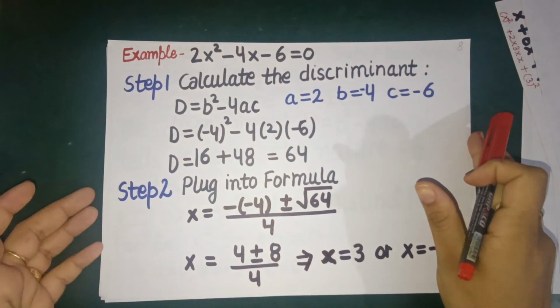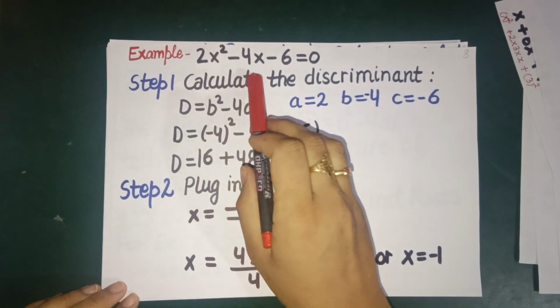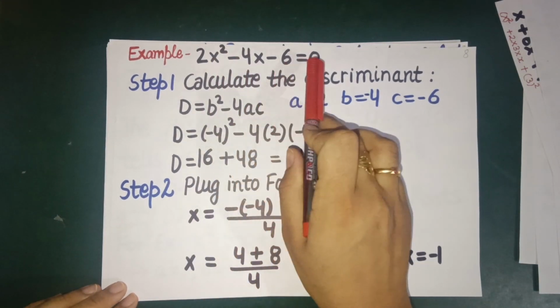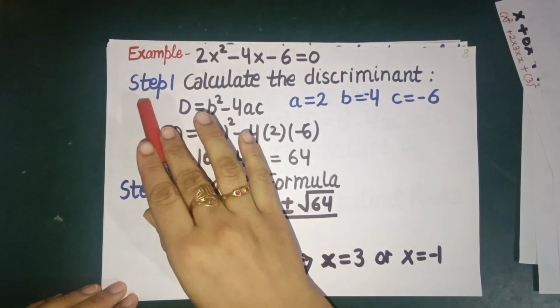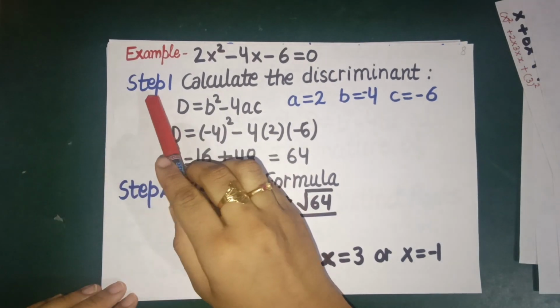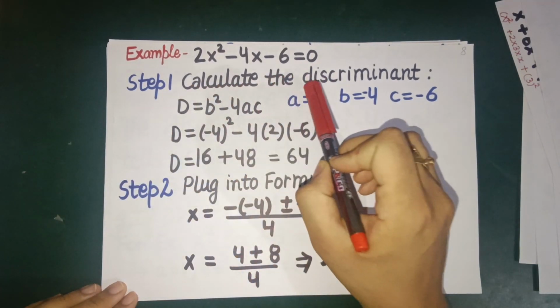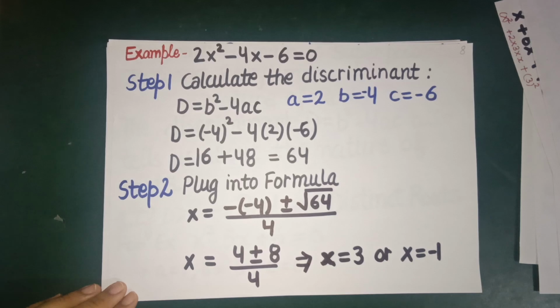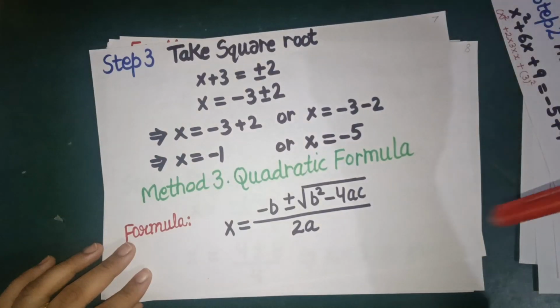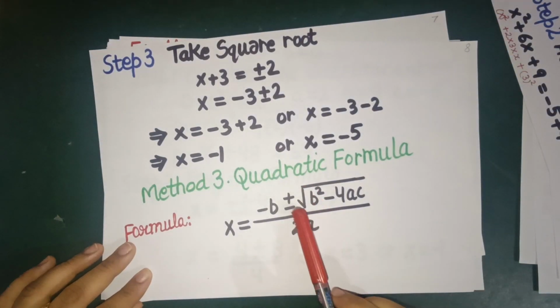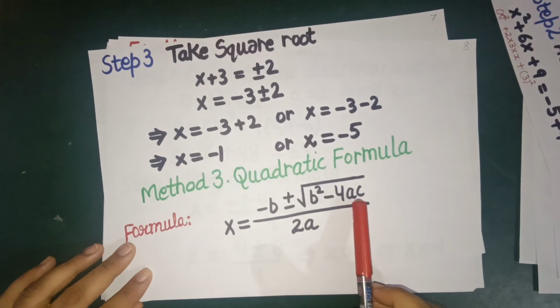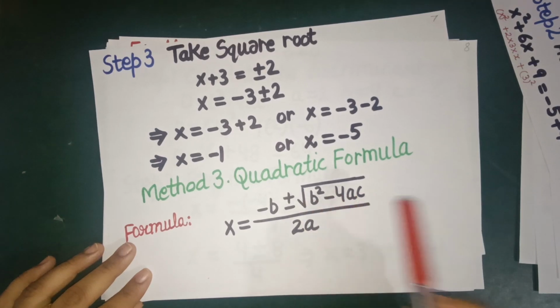For example, we have 2x² - 4x - 6 = 0. Now step number 1 says calculate the discriminant. Now what is the discriminant? Here the value under the root, b² - 4ac, is the discriminant.